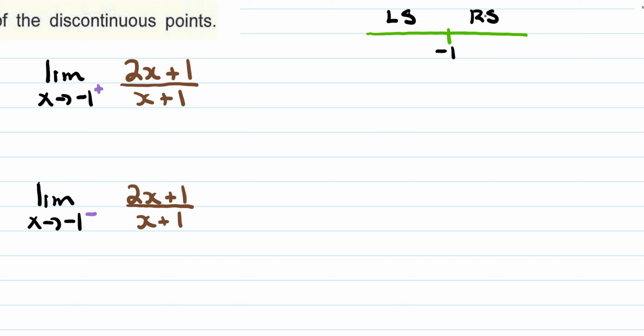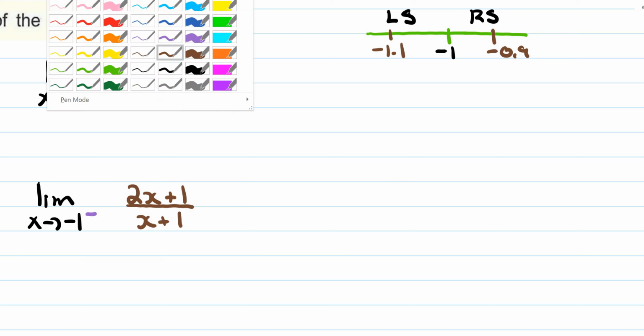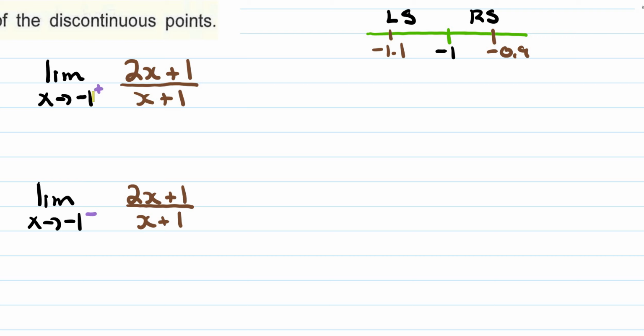You want to be very careful when you're picking your numbers here so that you're picking the right numbers. A number on the right-hand side could be -0.9. A number on the left-hand side could be -1.1. If we're approaching -1 from the right-hand side, let's take -0.9 and plug that in. So that's 2 times -0.9 plus 1 all over -0.9 plus 1.